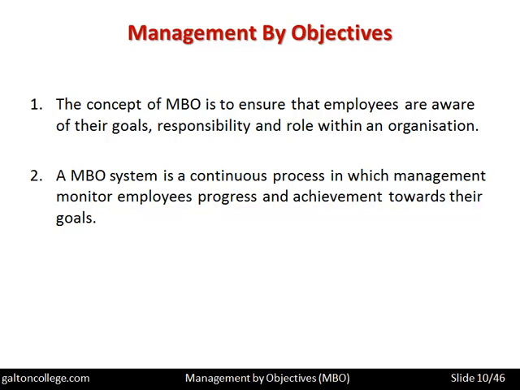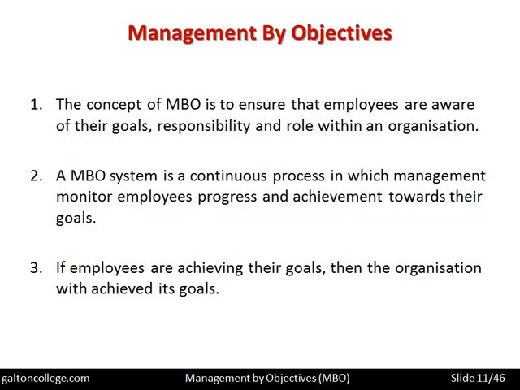So the process of assessment, if you like, the process of monitoring is pervasive. It runs right throughout the organization. If employees are achieving their goals, then of course the organization will achieve its goal, which is what the organization wants.